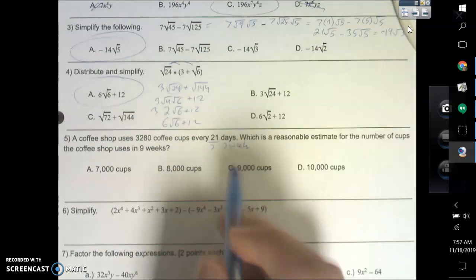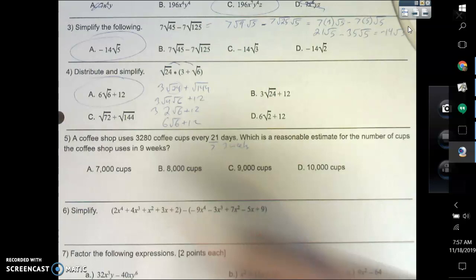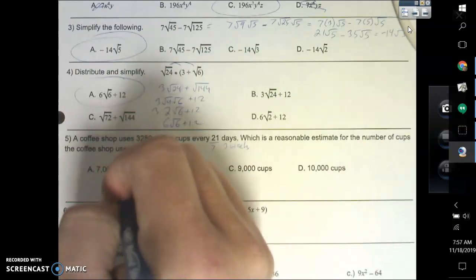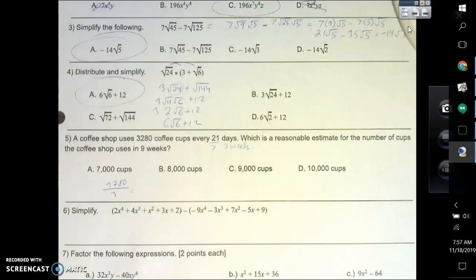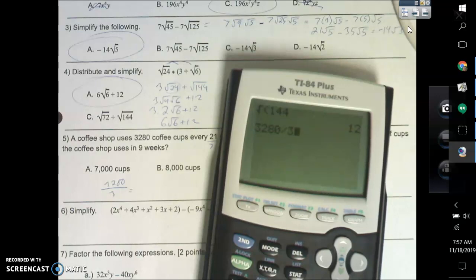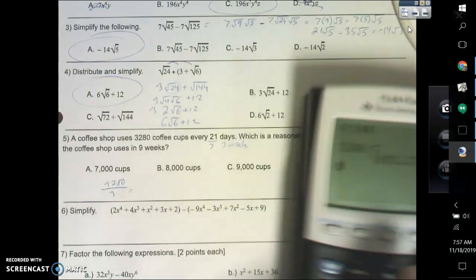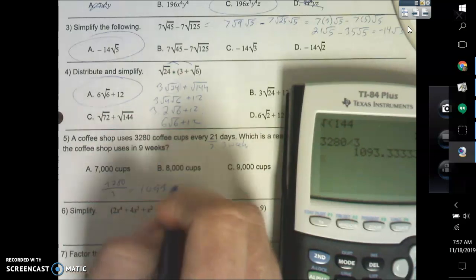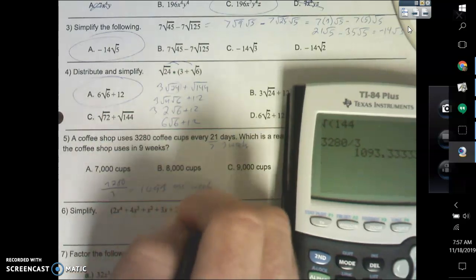The other way you could look at it is I could divide this by 3 to get what it is for 1 week, then times it by 9. So we'll do it that way. 3,280 divided by 3 gives you roughly 1,093. That's for 1 week.